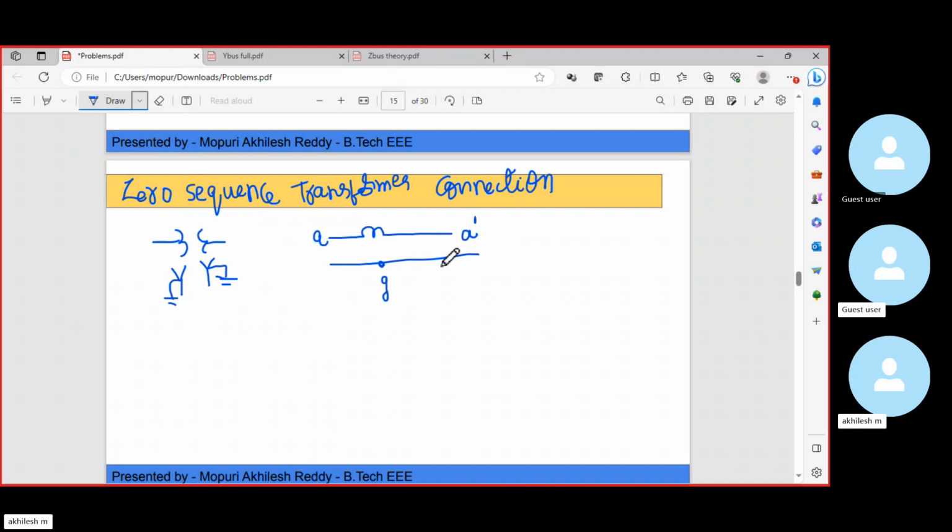A and A dash mean the primary and secondary side corresponding A phase circuits. If the fault is in the A phase, let us assume an unsymmetrical fault, this is A, this is B, and here it is C, and the neutral point is grounded. Similarly on the secondary, this is A dash, B dash, and here we have C dash.